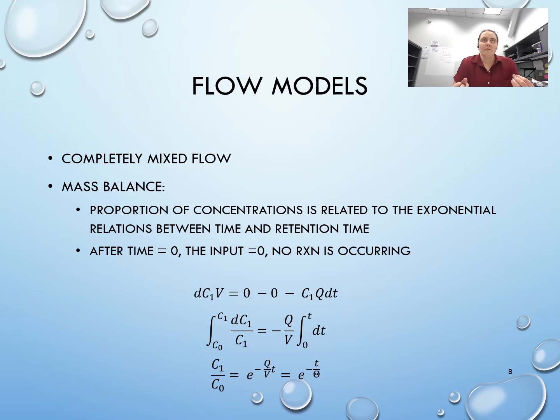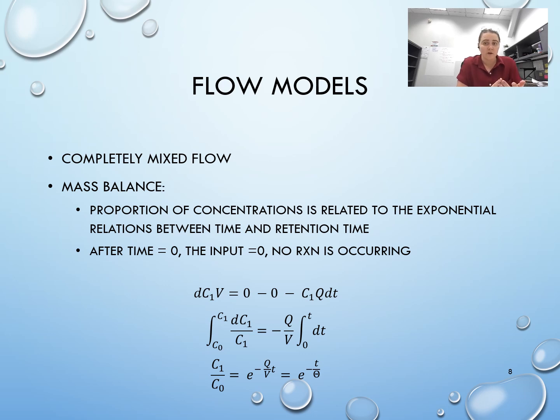If we think about that completely mixed flow scenario, after time equals 0, the input of dye equals 0. The dye gets put in the system at time equals 0, so there's no more input after time equals 0. There are no reactions occurring in the system. So if we think about our mass balances, that means our input term is 0 and our generation term is 0.